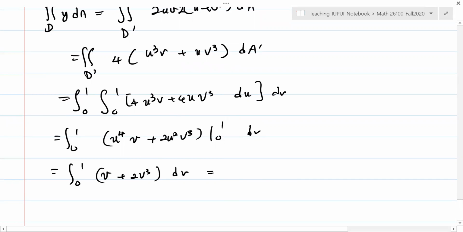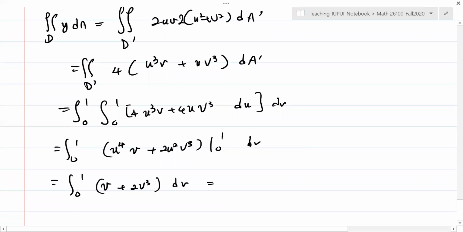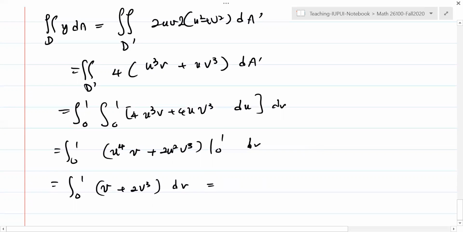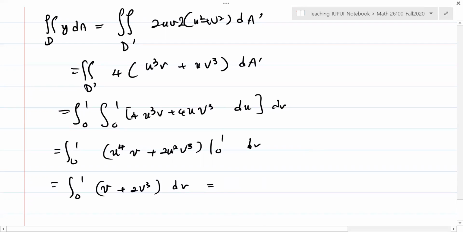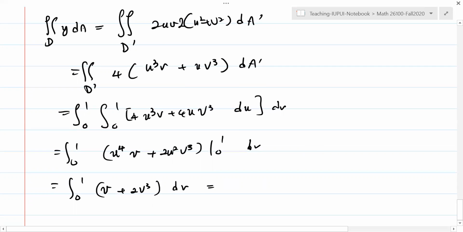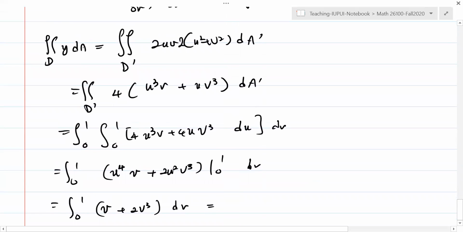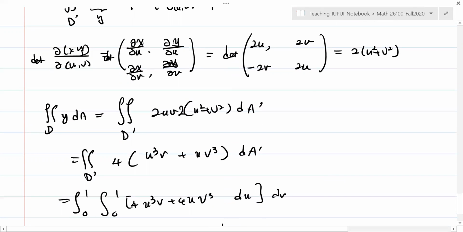Let me double check if there are any computation mistakes or not. Yeah, I have a computation mistake here.